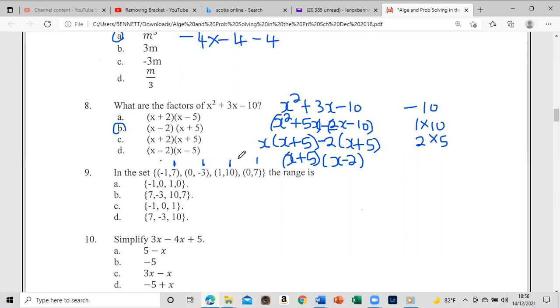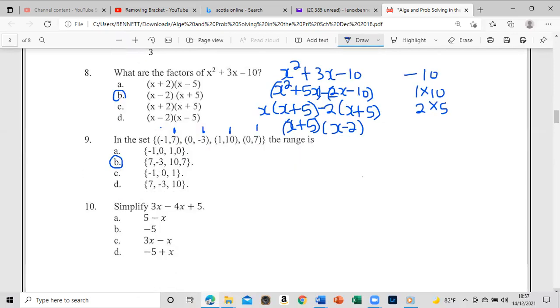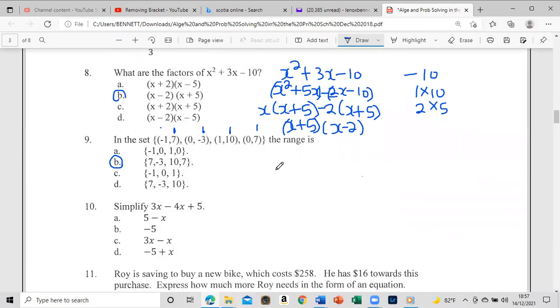So that would be 7, -3, 10 and 7. So the range is the Y values. All right, sir, thanks for telling me. Next time if I see it in the exam and it says range, I know that way. So what else could I ask you?